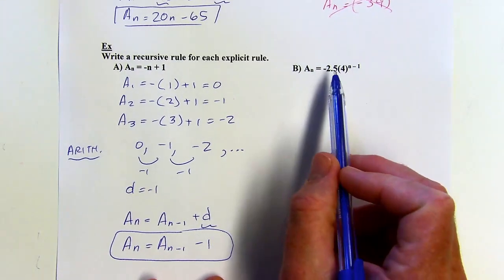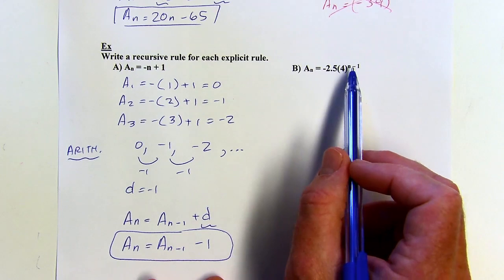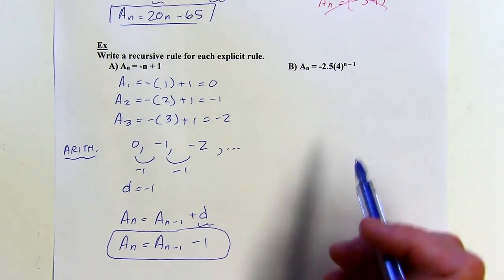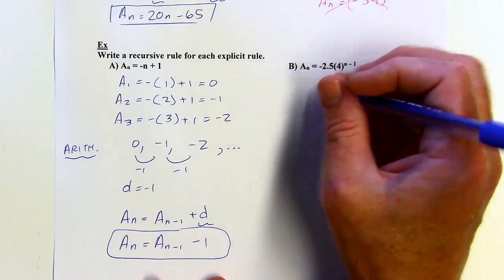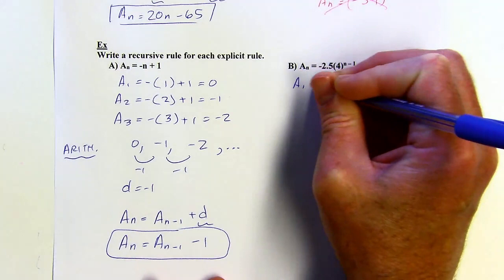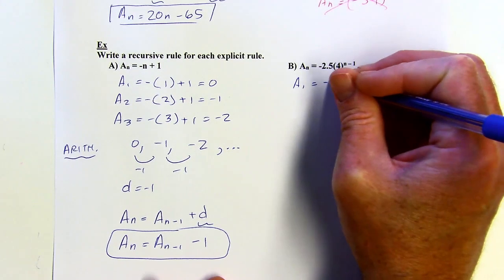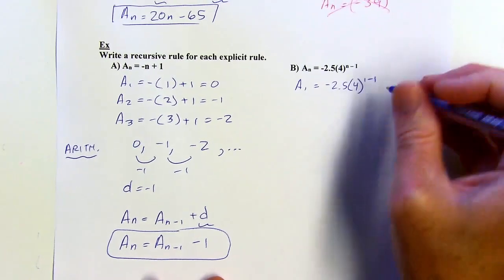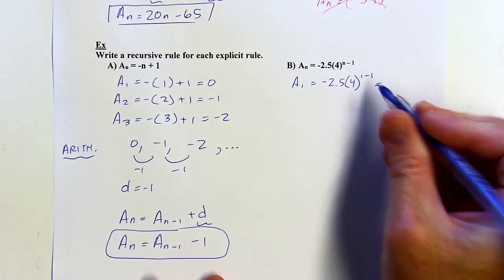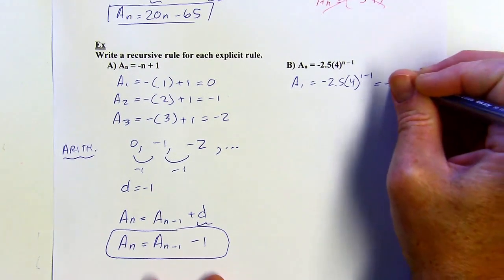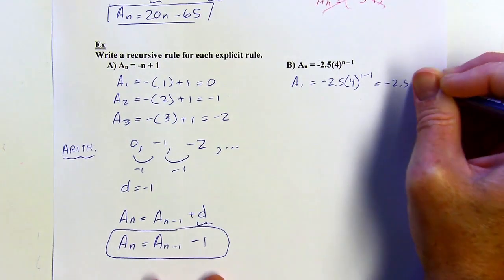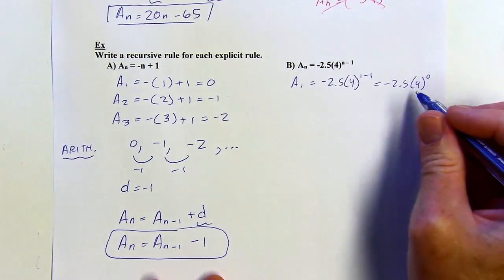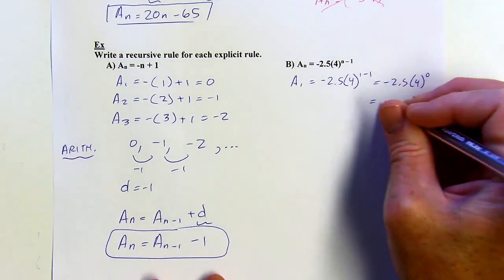You might recognize this because you have the n minus 1 as an exponent. This one's going to be geometric. But again, if you weren't sure, build a couple of terms, build 3 terms. Okay, let's see. 1 minus 1 for my exponent there is going to be 0. Okay, anything raised to the 0th power equals 1.